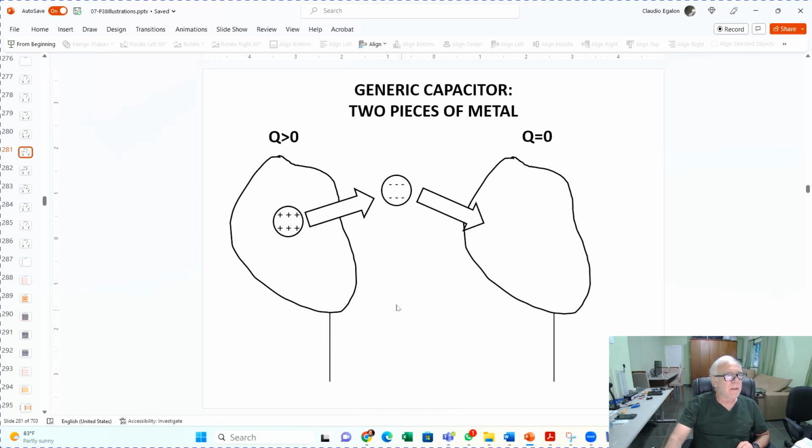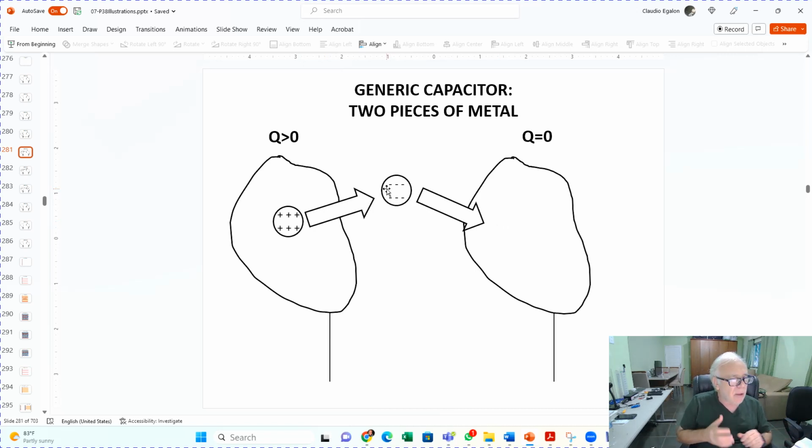Because I took away some negative electric charges, the positive charges that I left behind start to attract the negative charges, right? And it's going to be difficult to move them to the other metal that makes part of my capacitor. By doing work against the electric force, I start to pump in electric potential energy.